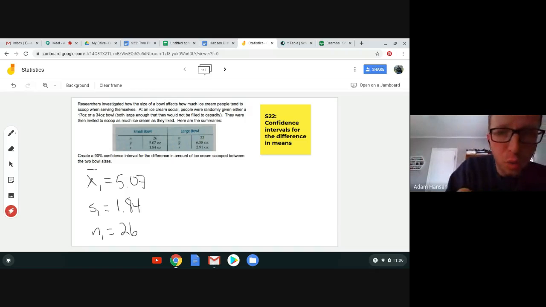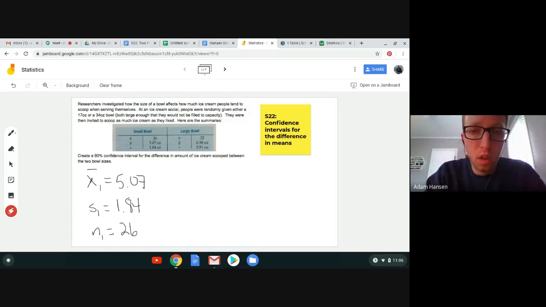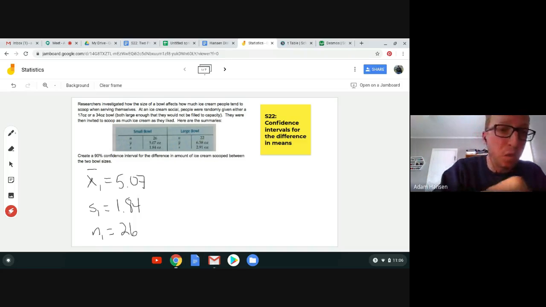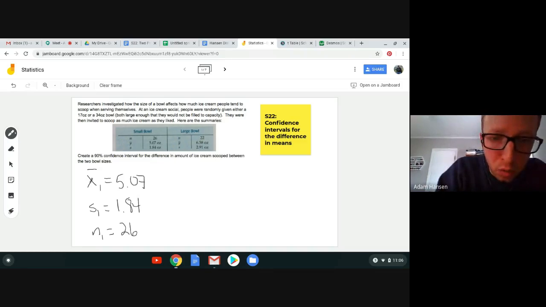For the larger bowl, the 34-ounce bowl, we see 22 people were given a large bowl. They poured an average of 6.58 ounces of ice cream into those bowls with a standard deviation of 2.91 ounces. So we'll call that group 2.